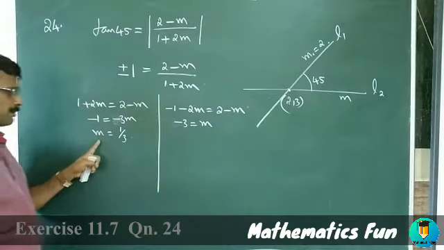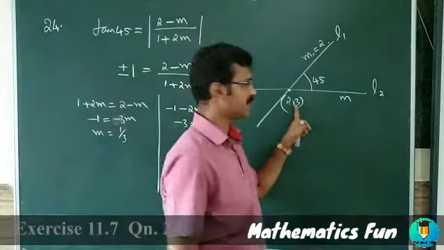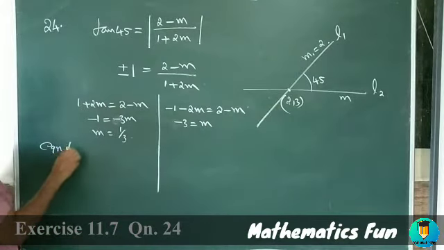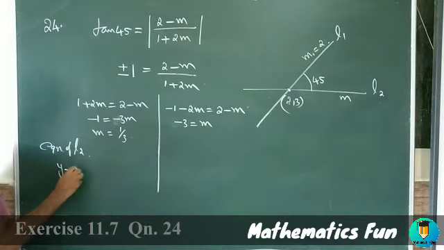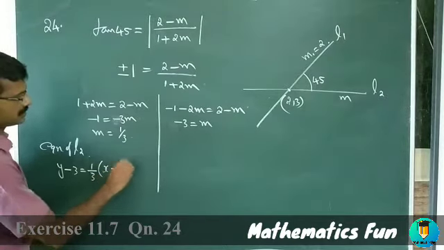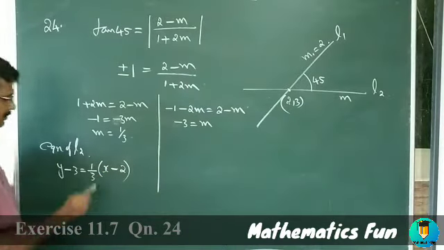So now with respect to m = 1/3 and m = -3, I can write down the equation of L2. I am using the formula y - y1 = m(x - x1), slope-point form.